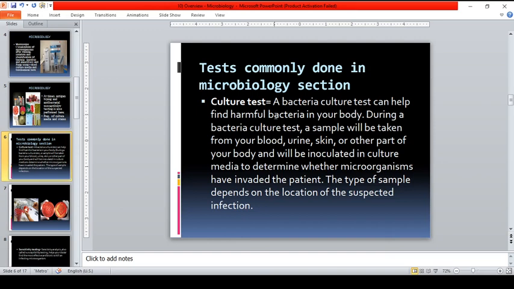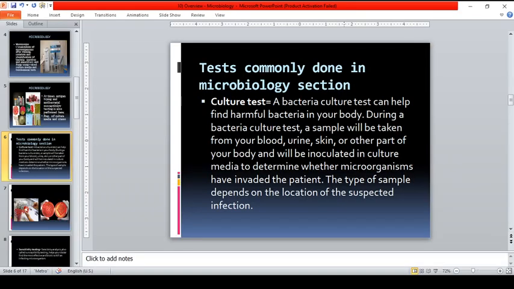Okay, so we proceed to the tests commonly done in the microbiology section. So we have the culture test. Actually, what is commonly ordered is the culture and sensitivity testing. Okay, dalawa yun, culture and sensitivity testing.